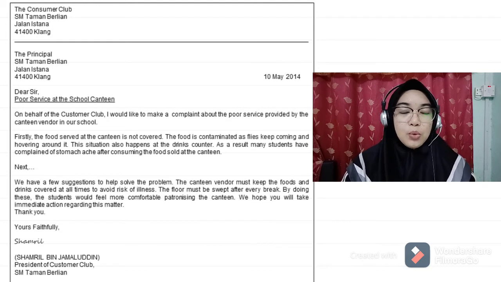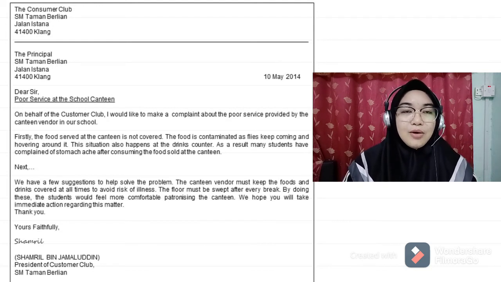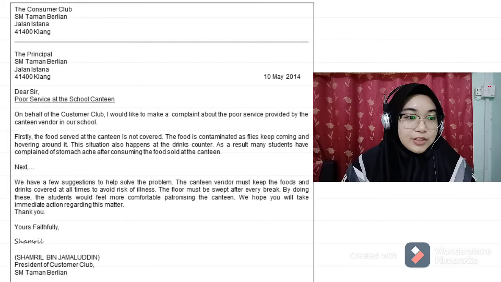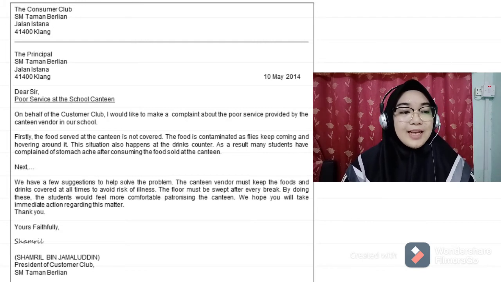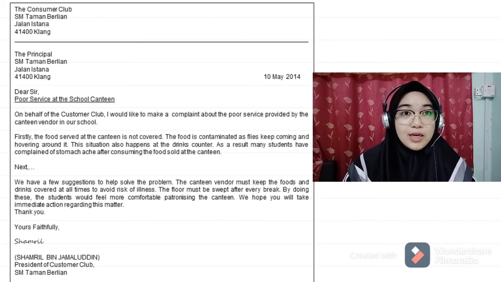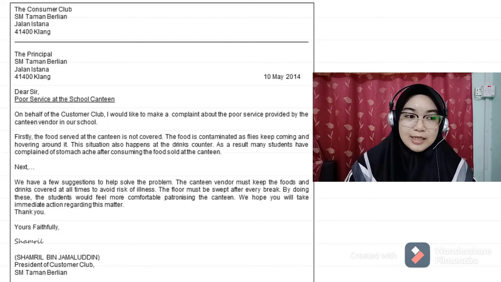After that, we have the conclusion where we may provide any suggestions of what we would want the recipients to take actions. For instance, we have a few suggestions to help solve the problem. The canteen vendor must keep the foods and drinks covered at all times to avoid risk of illness.